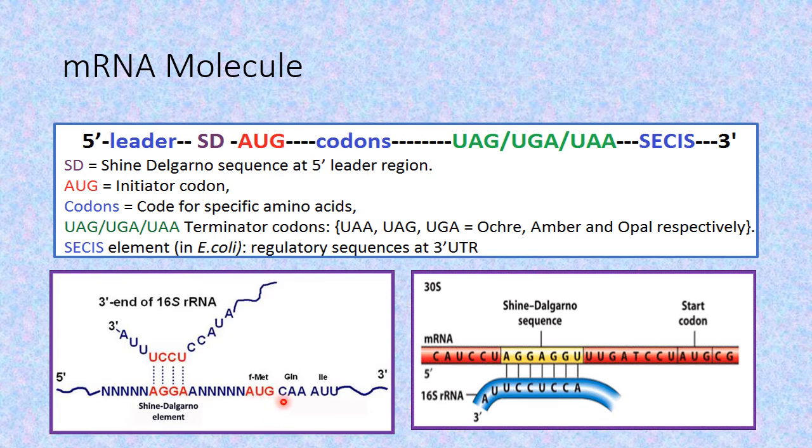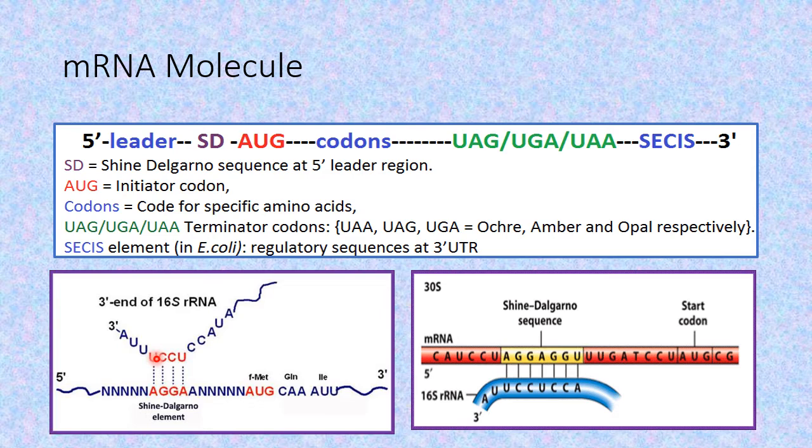And in this very open reading frame is present the start codon, followed by various triplet codons, and ending with the stop codon. Second thing is, this Shine-Dalgarno sequence provides the positioning of messenger RNA within the ribosome.